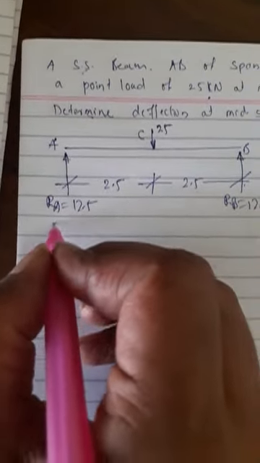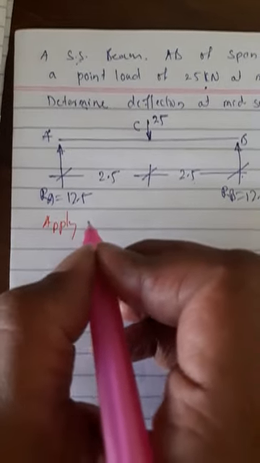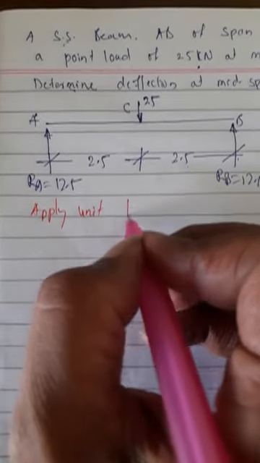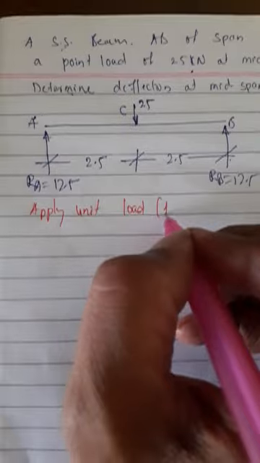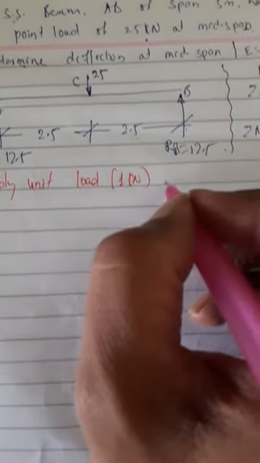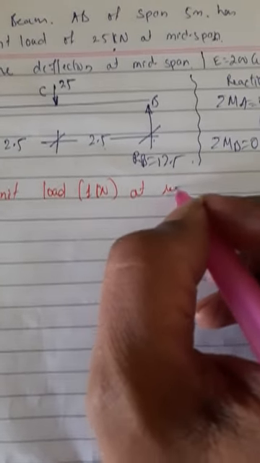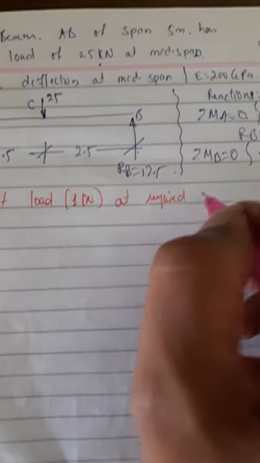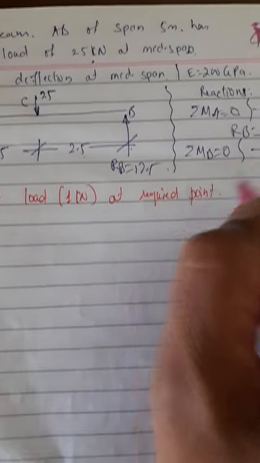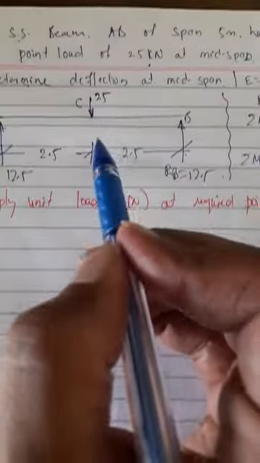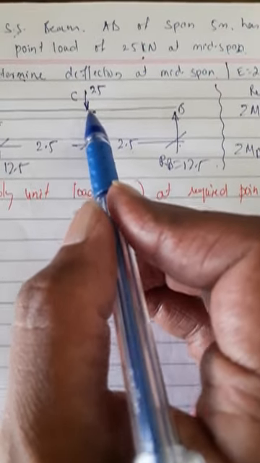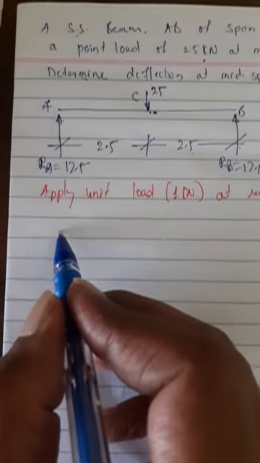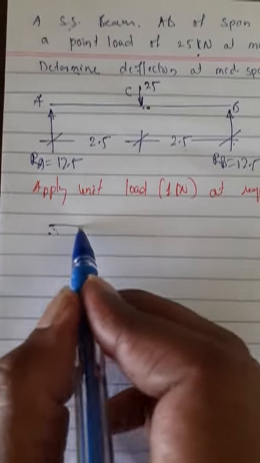Next, consider a similar beam. Apply a unit load, that is a 1 kilonewton load, at the required point. I need to find deflection at point C, so apply a unit load at point C on the same beam.